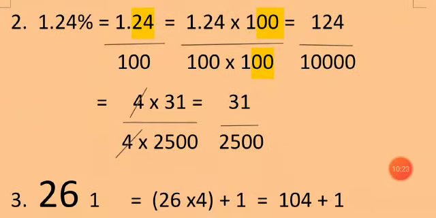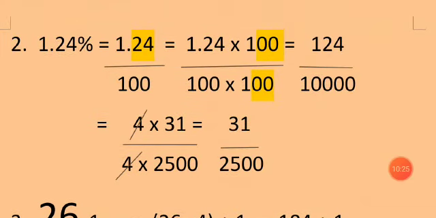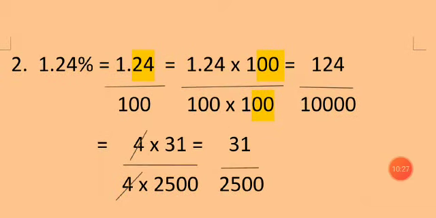Number 2 is a decimal, 1.24%. 1.24% means 1.24 out of 100, which equals 1.24 over 100. 1.24 is a decimal which has 2 digits at the back of the decimal point, which is 2 decimal places.